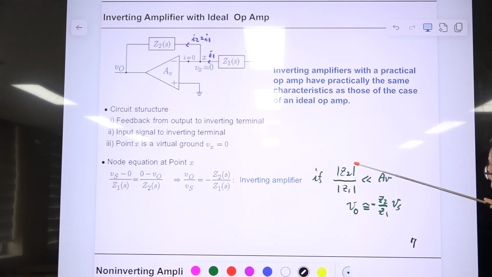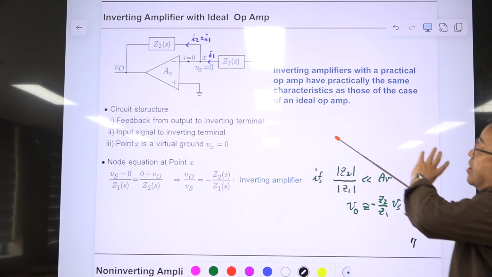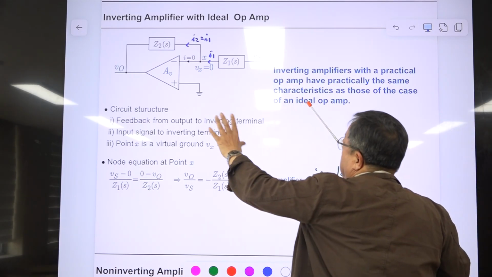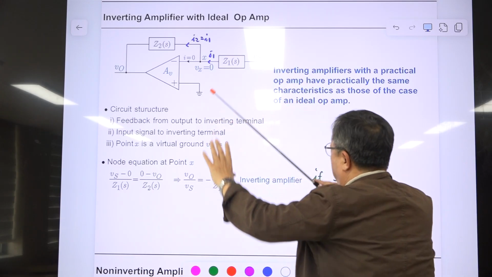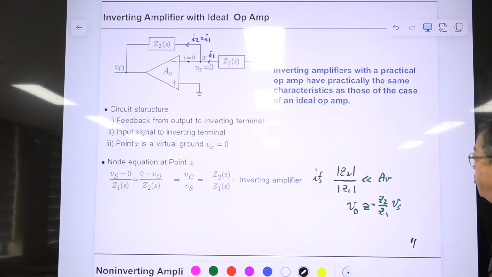It is very complicated initially if you add all the non-ideal characteristics, but if this condition is satisfied, then it is very closely approximated by this.